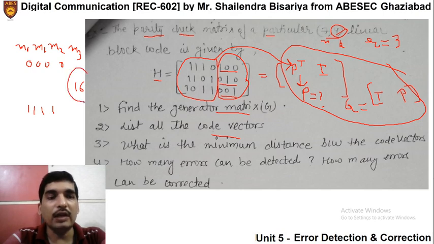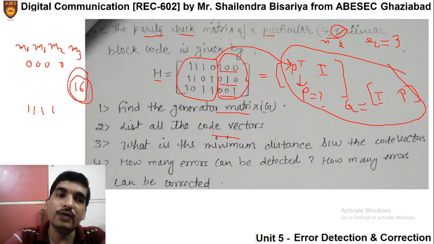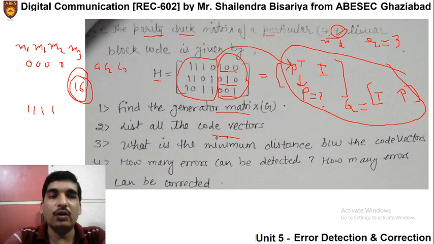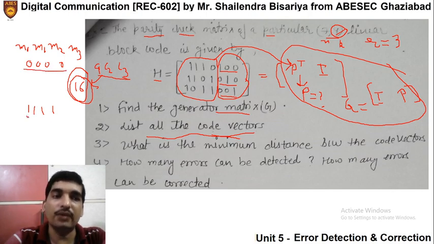In the last example we had 8 code vectors, now we have 16. So we have to find C1, C2, C3 for all these 16 code vectors, starting from 0, 0, 0, 0 to 1, 1, 1, 1.